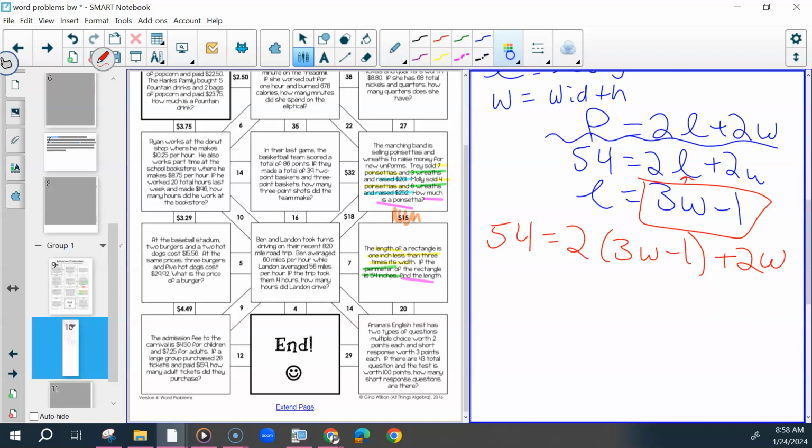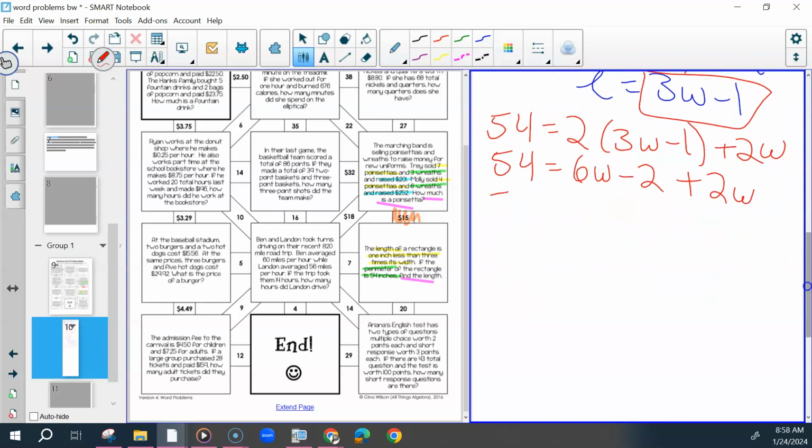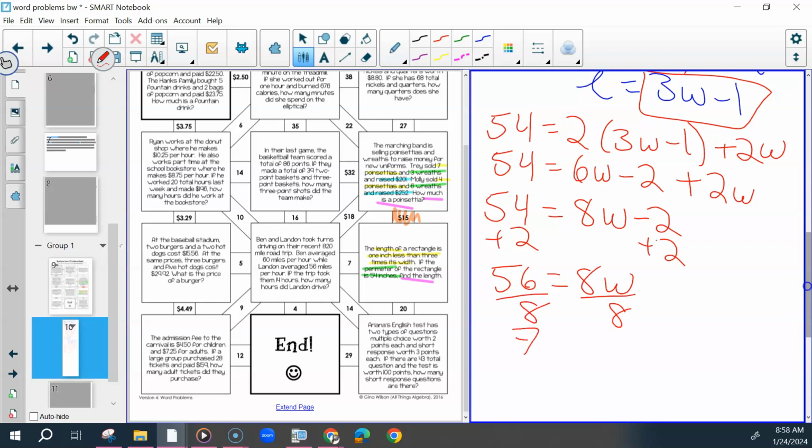So once you put that back in, go ahead and distribute and start to solve for W. What is W? 7. 7 what? Inches.